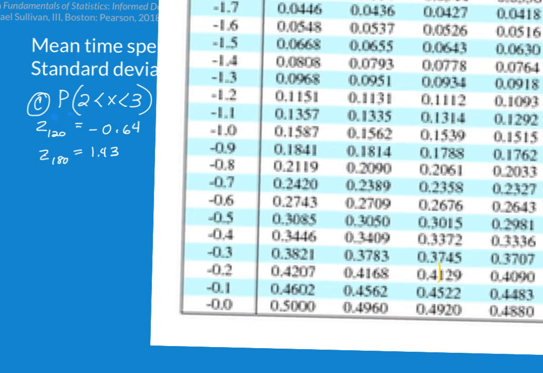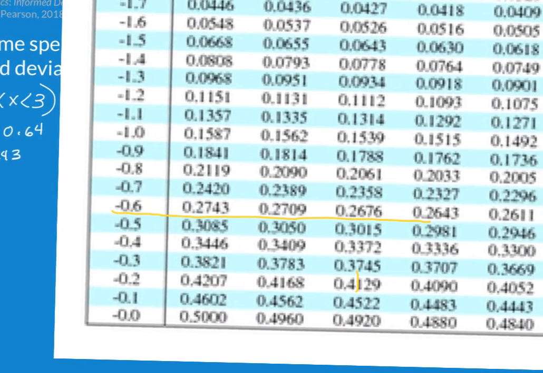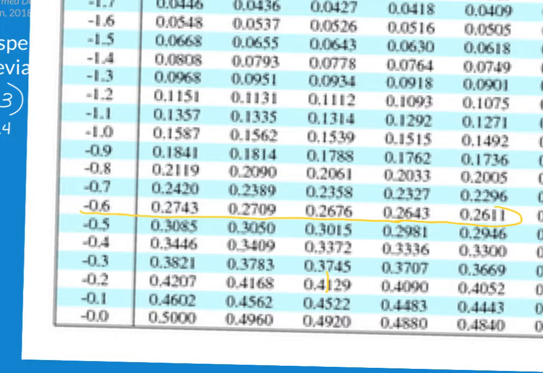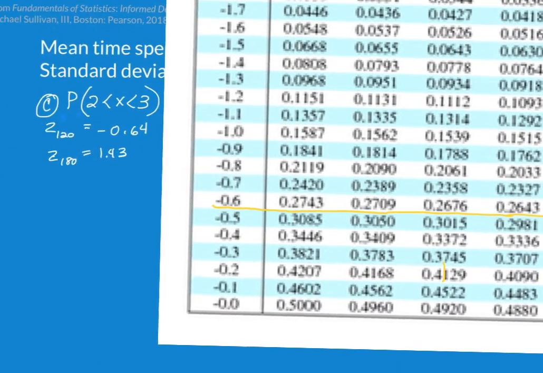And there it is, negative 0.6, 0.60, 0.61, 0.62, 0.63. I gotta go still further. 0.64, negative 0.64, gives me the area of 0.2611, the area under the curve there.